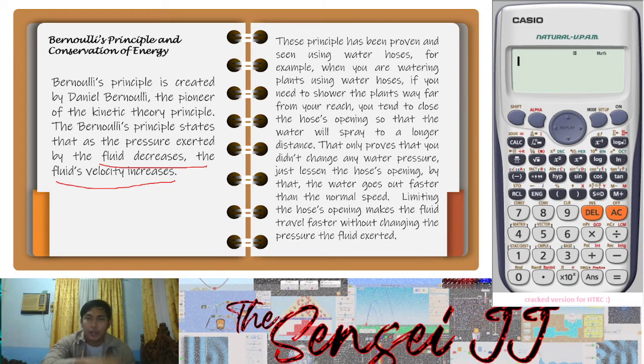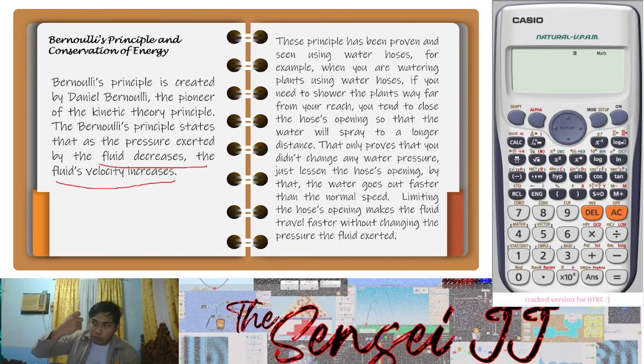But when you make the exit way of our water a little smaller than its usual size, you will see that the velocity of the fluid increases. So the pressure decreases, but the velocity of our fluid increases. I hope this refreshed you, bringing you back to your childhood with this example.